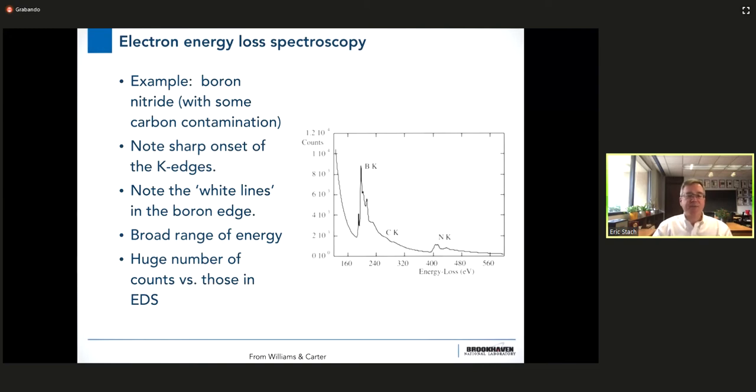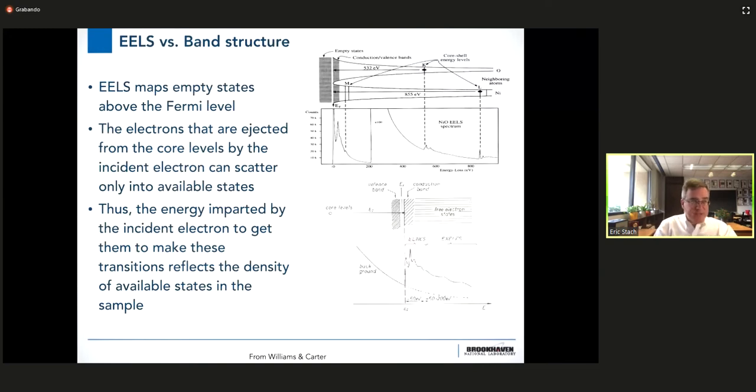The reason for the near edge structure is for the same reason that we had in XANES. As we bring the incident electron in, we knock that one off of the shell, it goes into the conduction band, and it fills the available states in the conduction band. And so what we see in the near edge is the same thing. We have information that tells us about the occupancy of the conduction band edge, and so we're able to map out the density of states.